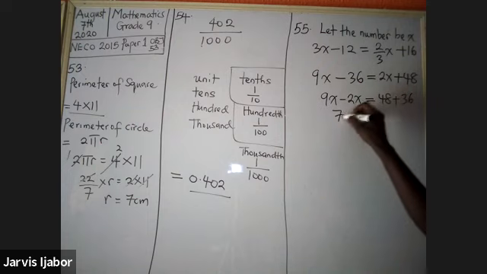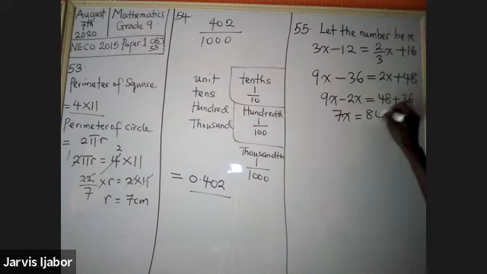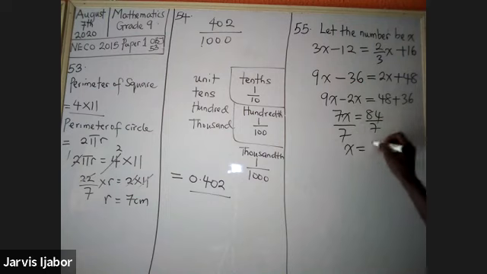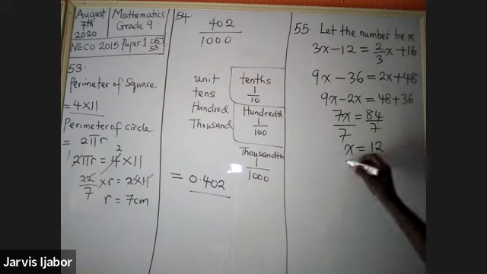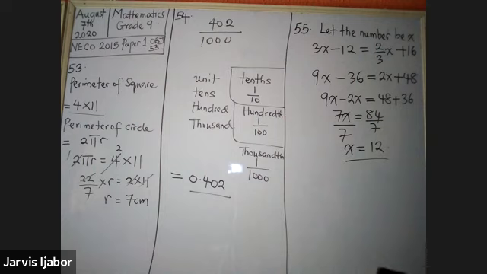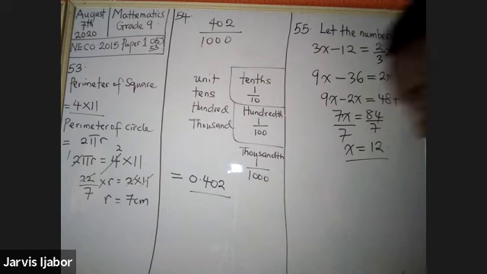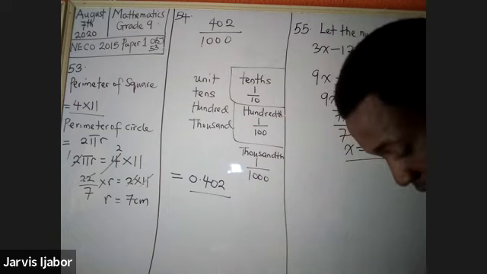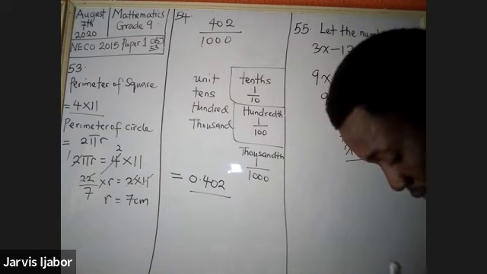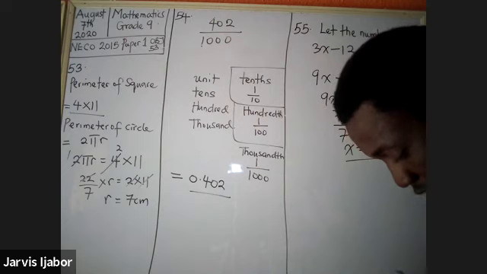So this will give me 7x equal to 84. I'll divide both sides by 7 and x is equal to 12. And that answer is option E.